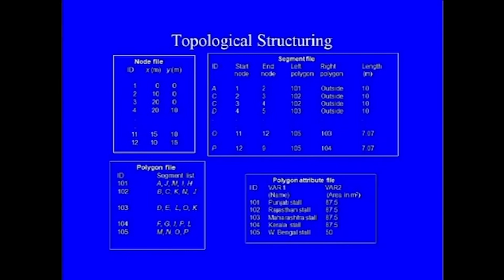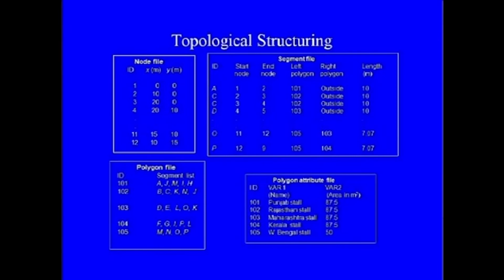So, the polygon ID 101 consists of the segment list A, J, M, I and H. Similarly, polygon 102 consists of the segment list B, C, K, N and J and so on. So, in this manner the connectivity of the lines within the polygon have now been established.